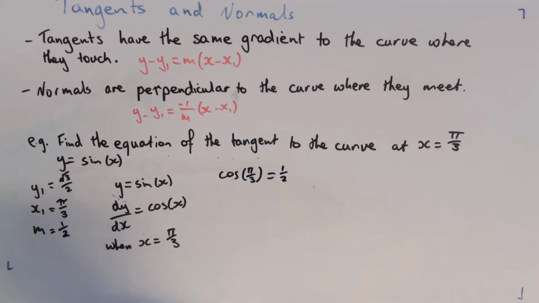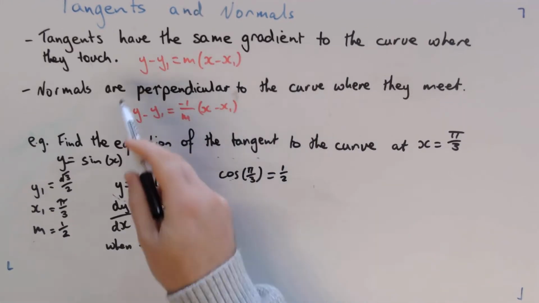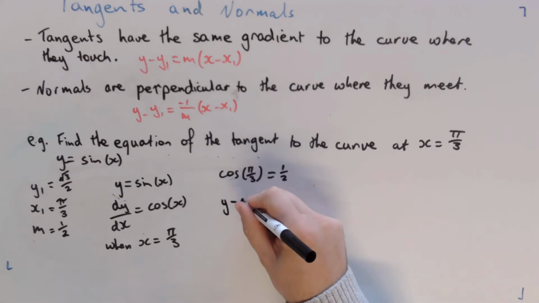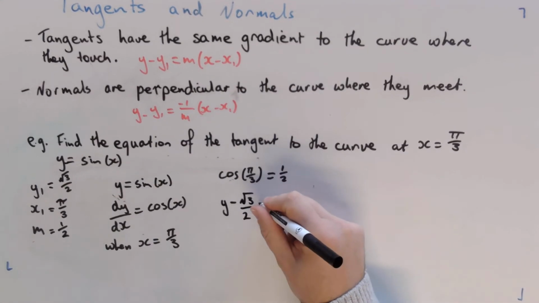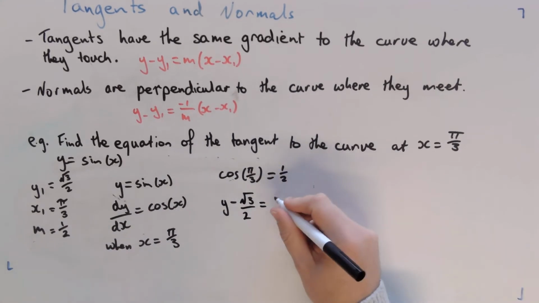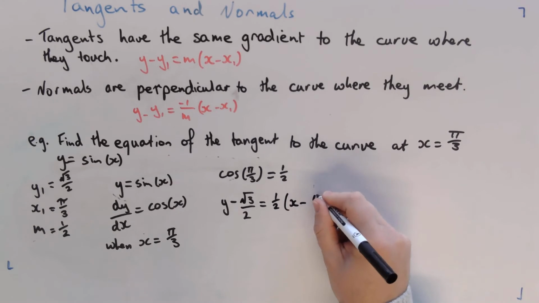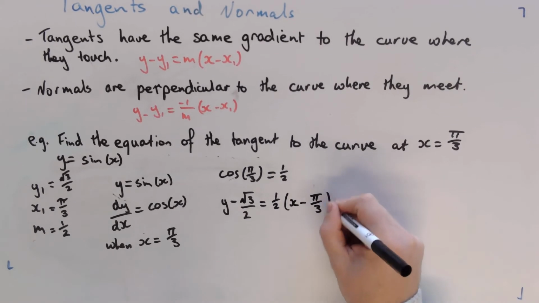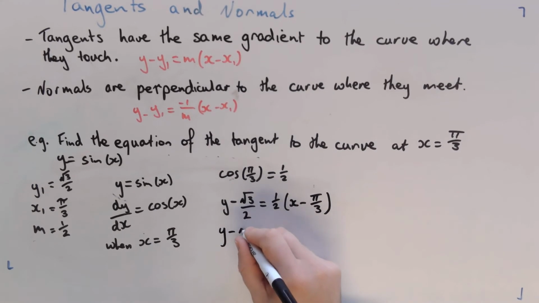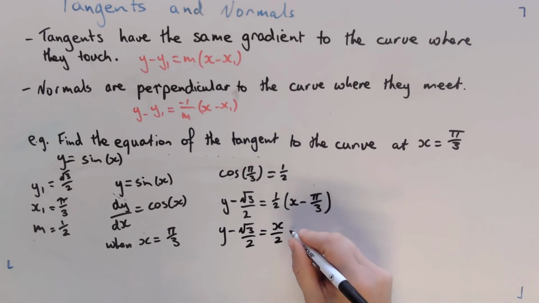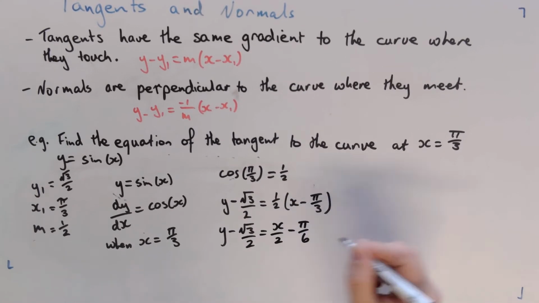M value is 1/2, and again, we're using our tangent equation. So we've got y minus y1, which is our root 3 on 2, equals m, which is 1/2, outside of x minus x1, which is pi on 3. So you get y minus root 3 on 2 equaling x on 2 take pi on 6.